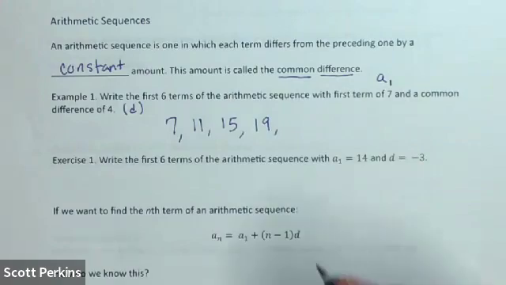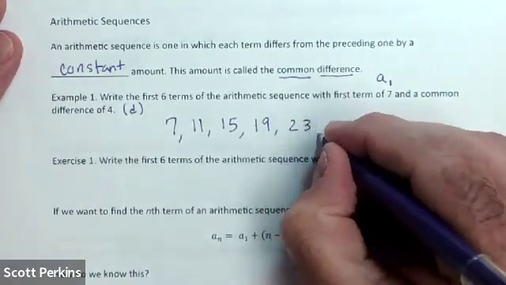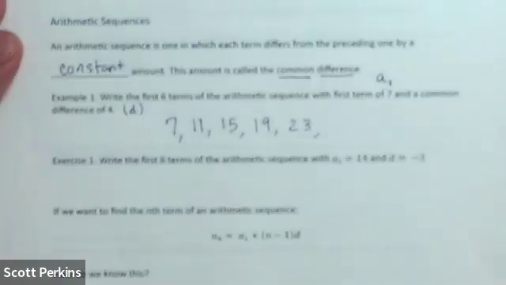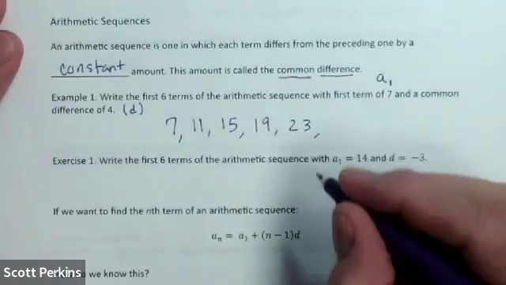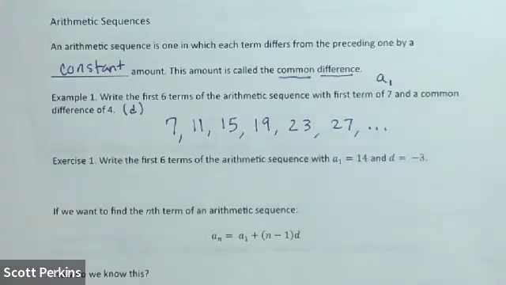What's the next term going to be? 23. Fantastic. That's 5 terms. And then the next one is 27. And you can go on and on if you want, but the question just asked for the first 6 terms. So we will stop our endeavor right there.